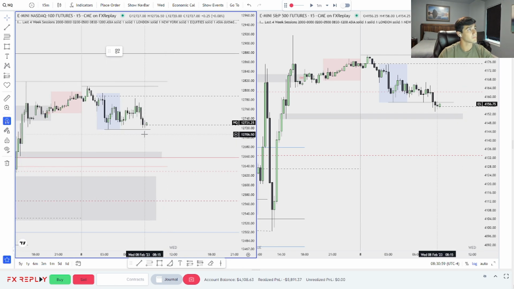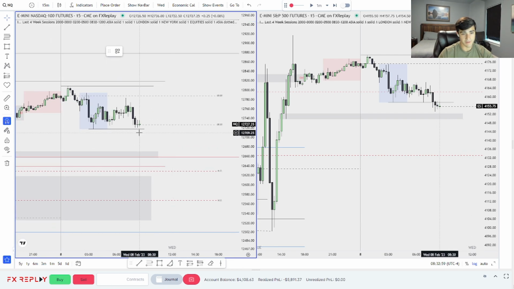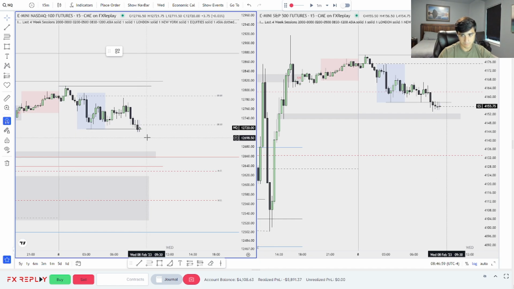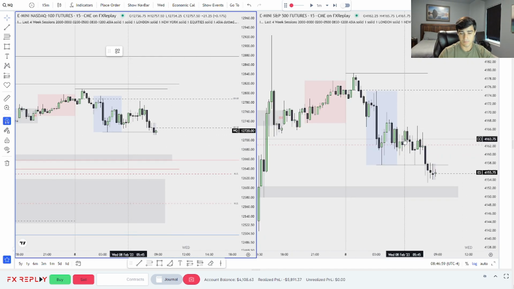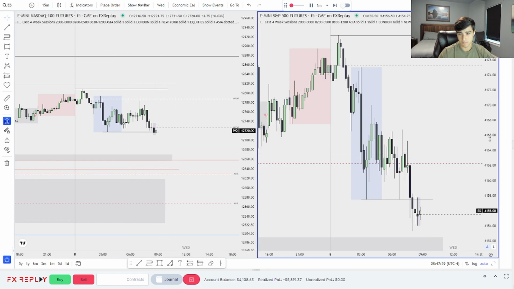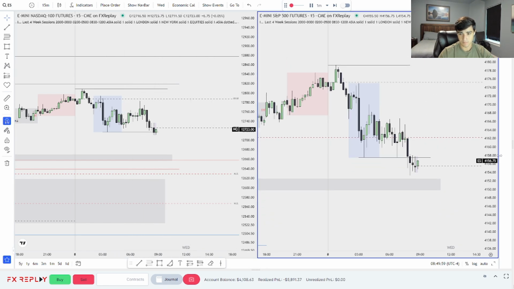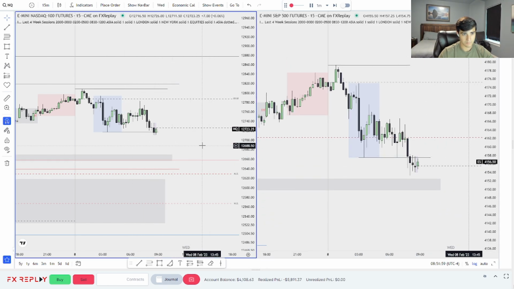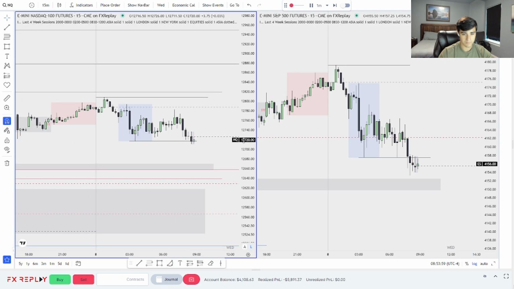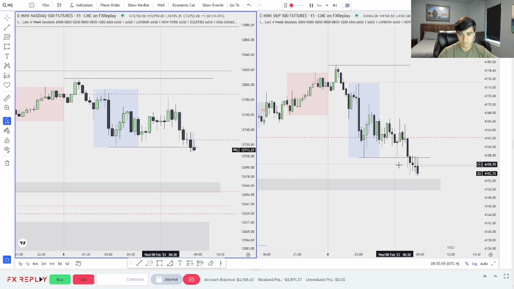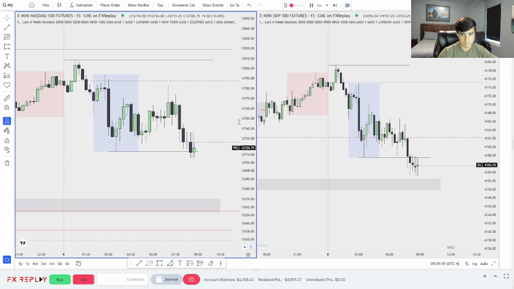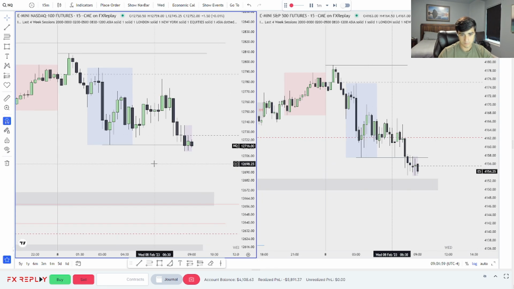Okay. See what price does on the 8:30 news event. Trading sideways, accumulation, potentially.